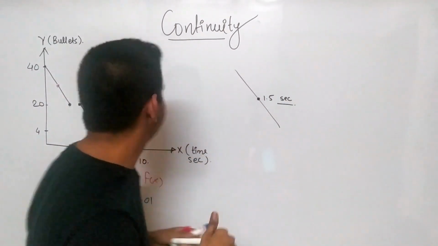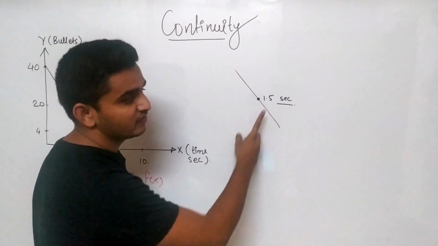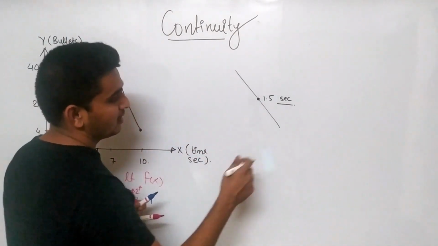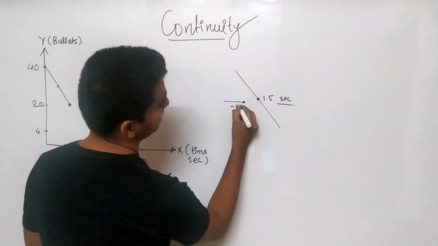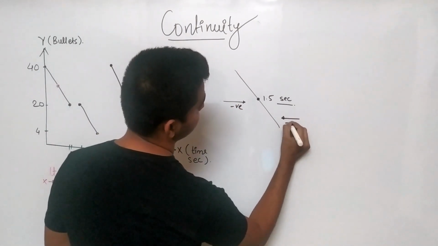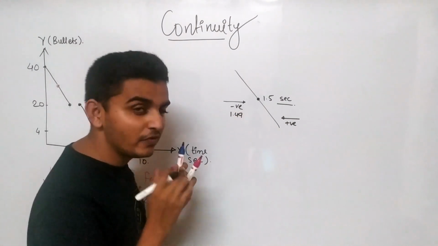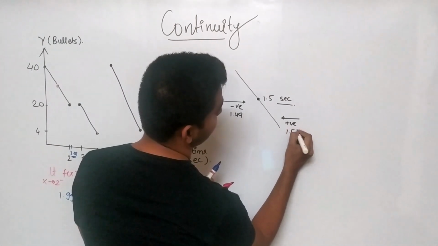So now you can see that I have just magnified this graph over here. At 1.5 seconds, we need to check if the graph was continuous. Let's take it from the left side, the negative side, and from the positive side. From the negative side, we'll take 1.49 seconds, which is very close to 1.5, and from the positive side, we'll take 1.51.